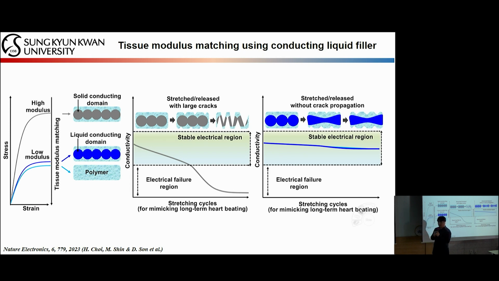When using a conducting filler in liquid form, here the deep blue is liquid metal, it's highly advantageous in terms of modulus matching, since it closely resembles the mechanical property of the polymer itself. So we can achieve modulus matching.